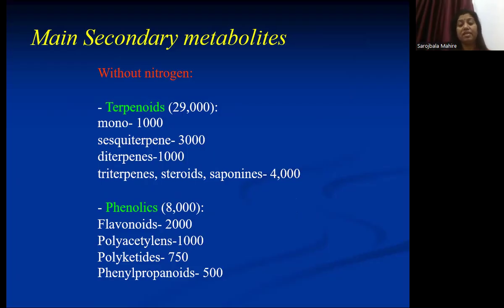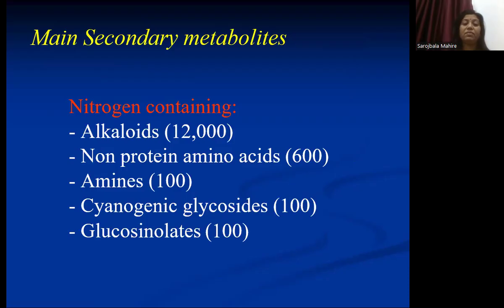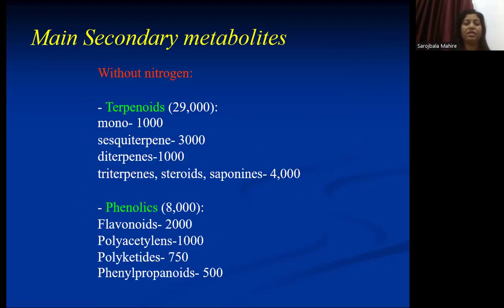Main secondary metabolites without nitrogen. In the earlier slide we have seen the secondary metabolites which contain nitrogen atoms. In the secondary metabolites without nitrogen, the most major group is the terpenoids. Near about 29,000 terpenoids are there.